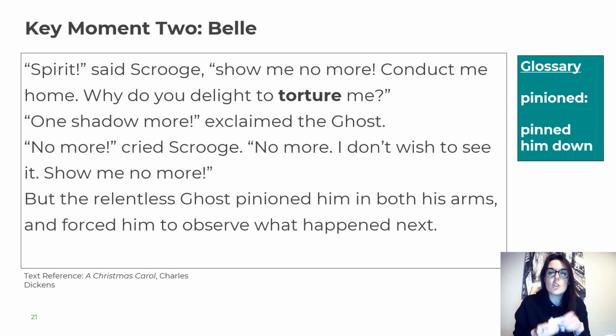I think the most interesting word from this extract is the verb torture. He realises that he's being tormented by what he's seeing, and he's starting to realise very much what he's done.